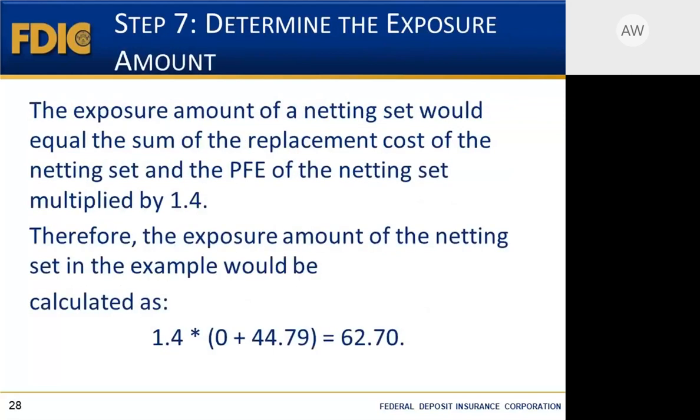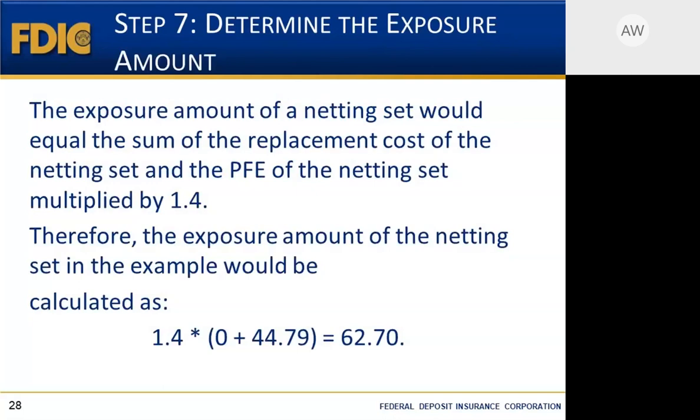So where are we with this? After all those steps, we finally can figure out our EAD for our two derivatives under the SA-CCR methodology. The exposure amount of a netting set equals the sum of the replacement cost of the netting set that we determined in slide 17 and the PFE of the netting set that we determined in slide 27, multiplied by 1.4.